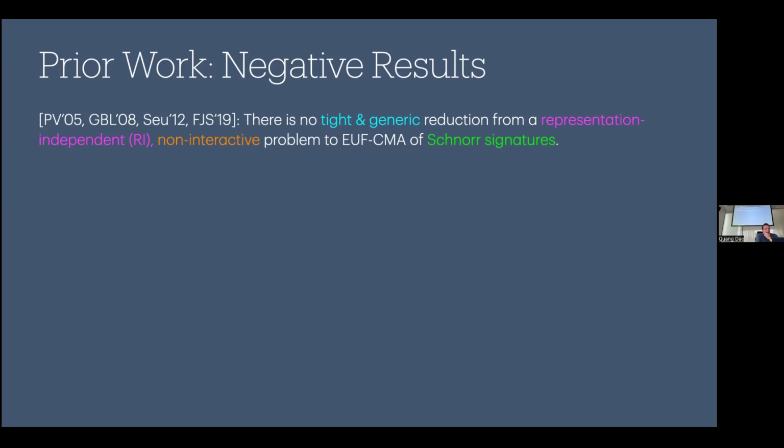So maybe it should be no reduction from Schnorr signature security to a representation independent, non-interactive problem, right? I haven't told you what representation independent means yet, but if I'm using a representation independent problem and a generic reduction, then I'm not going to get a tight security proof according to this result. Generic means that you treat the underlying group like a black box.